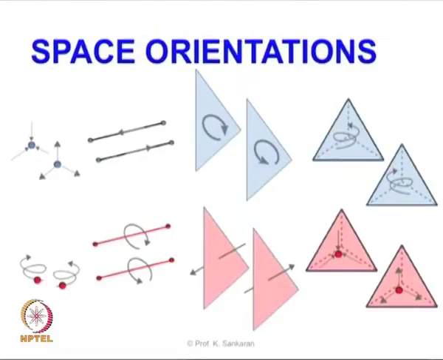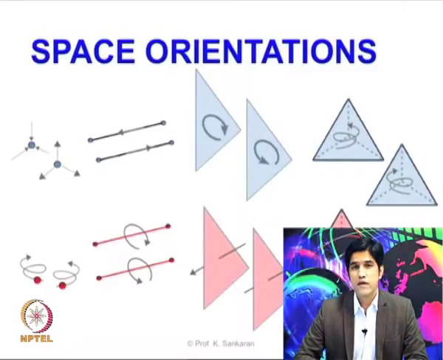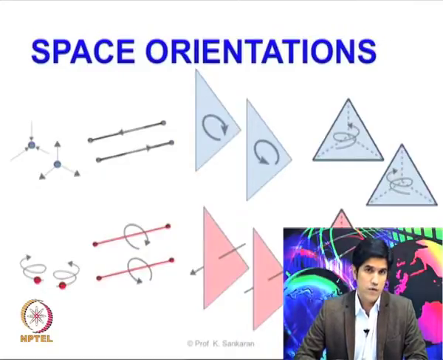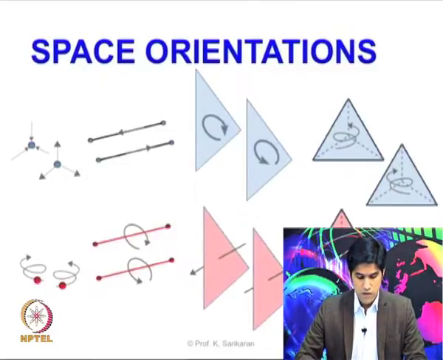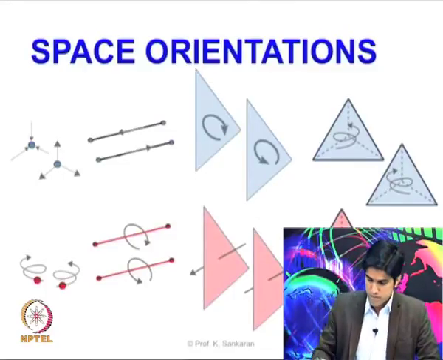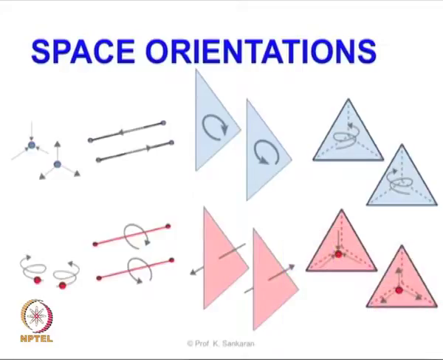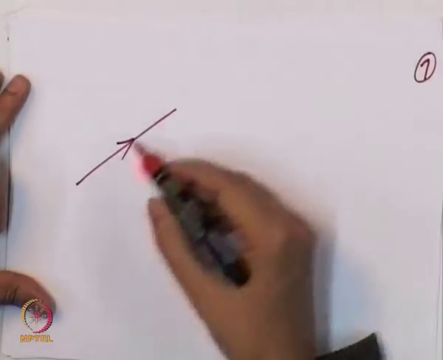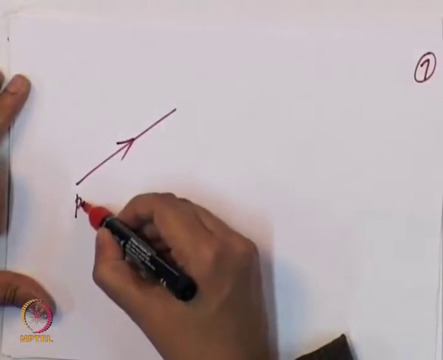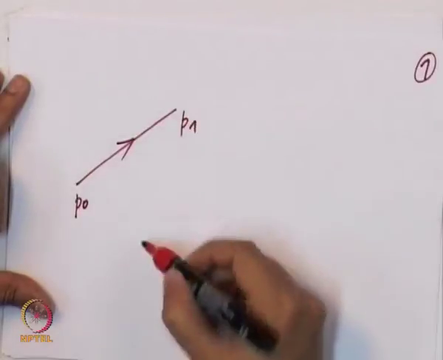What I mean by spatial orientation is something quite broader than what is discussed in the literature so far. That's what I said before. Let me qualify what I said. When I talk about, let's say, the orientation of a line, I might think about the orientation going from point P0 to P1.